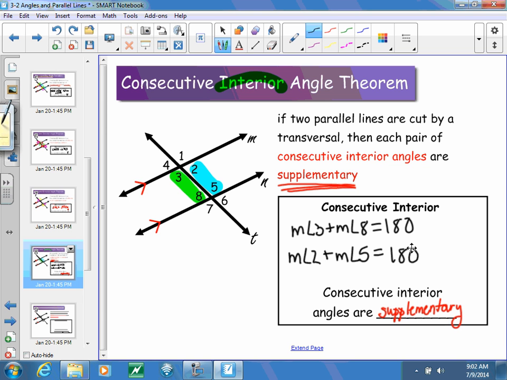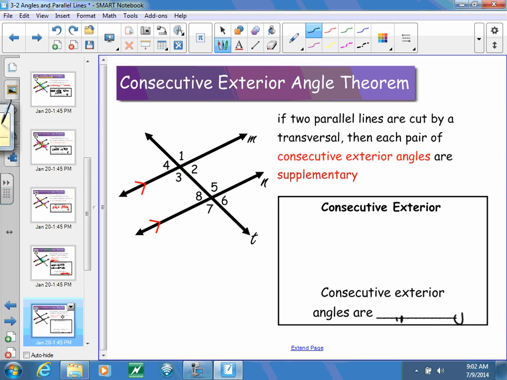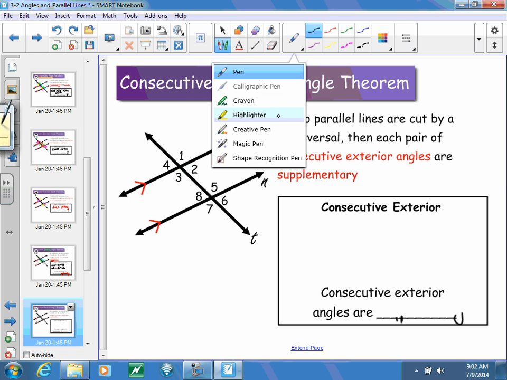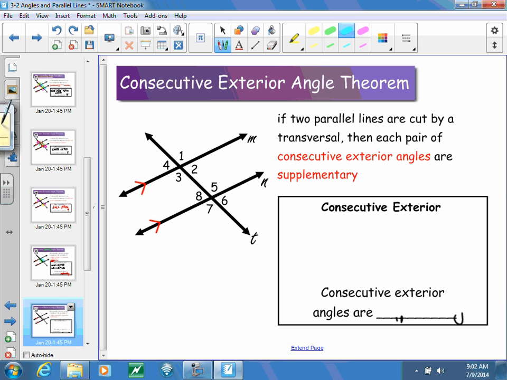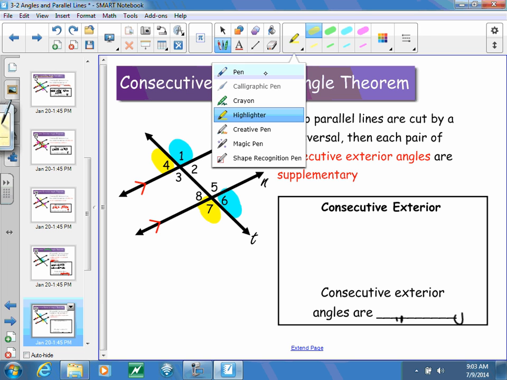The consecutive interior angle theorem is going to be the same as the consecutive exterior angle theorem. We're just talking about different angles. So this theorem says if 2 parallel lines are cut by a transversal, then each pair of consecutive exterior angles are also going to be supplementary. So angle 1 and angle 6 are consecutive exterior angles, and angle 4 and angle 7 are.